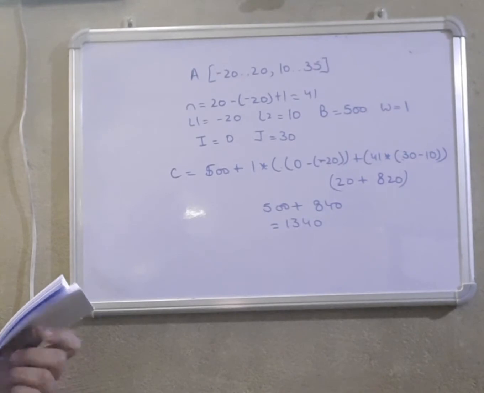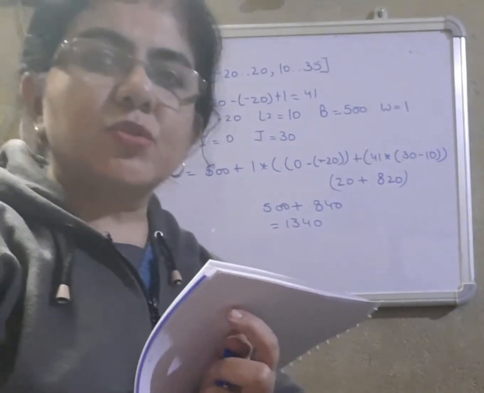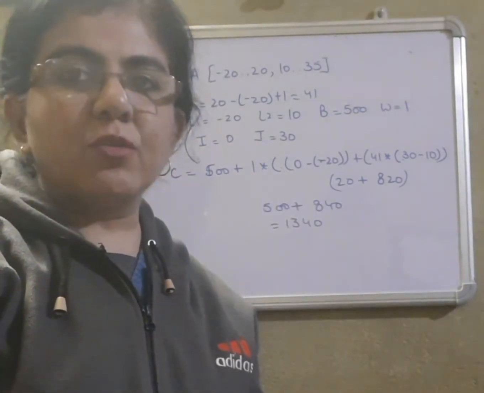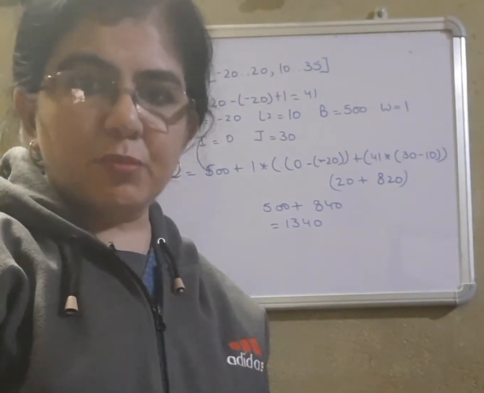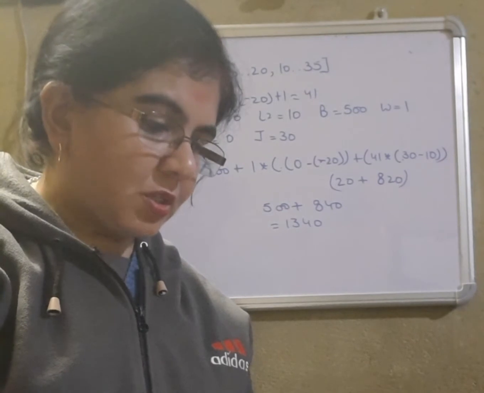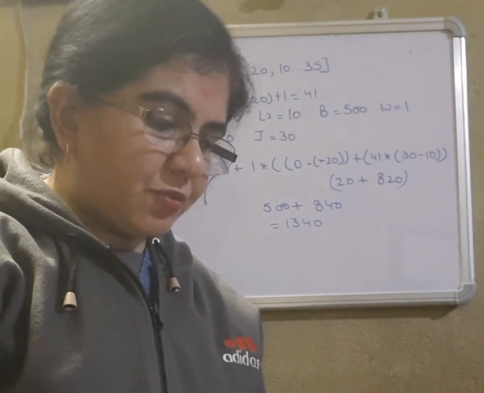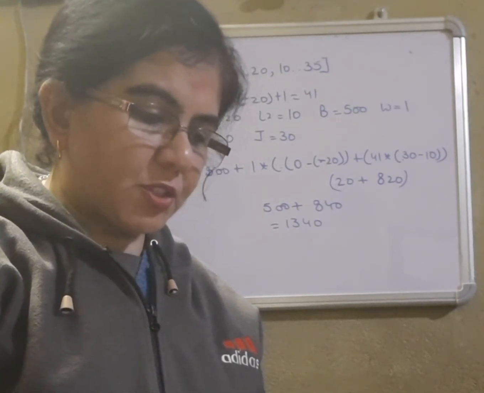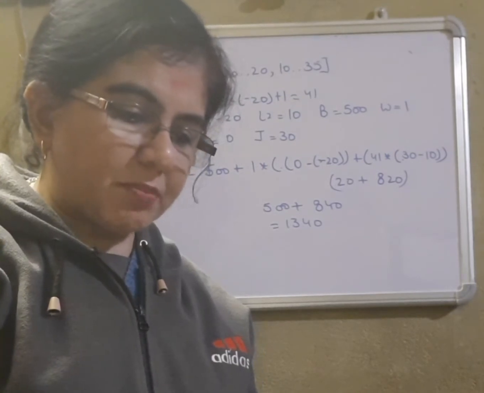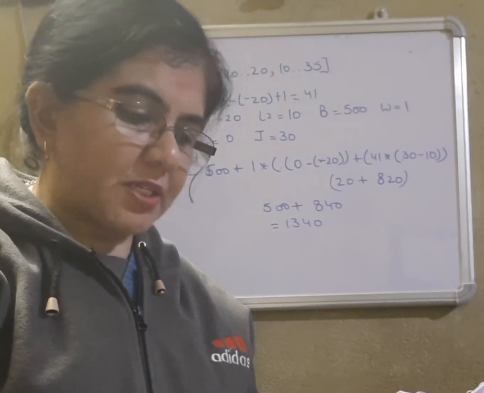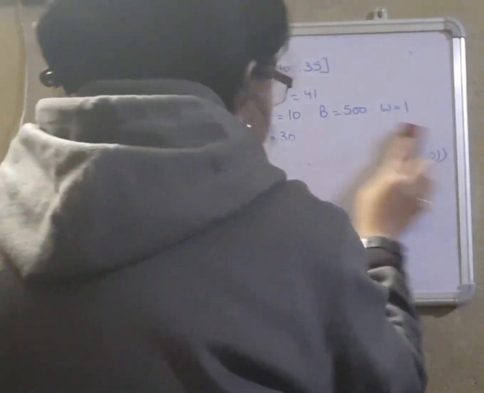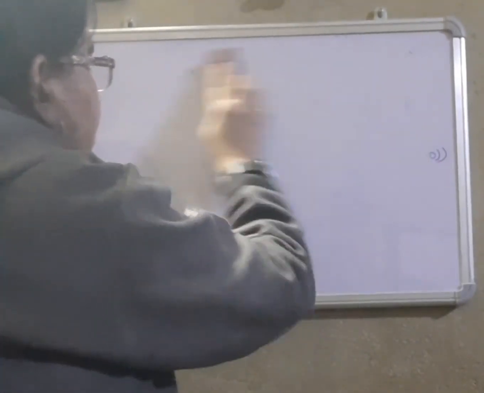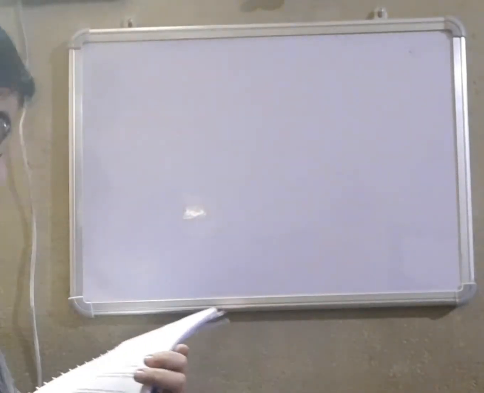Right? But there are certain questions also in which we are unable to find out what is L1 and what is L2, and so we cannot apply the formula. Like there is a question, an array T 15 by 10 is stored in the memory with each element requiring 2 bytes. If the base address is 2000, let me show you the matrix structure. It is 15 by 10.